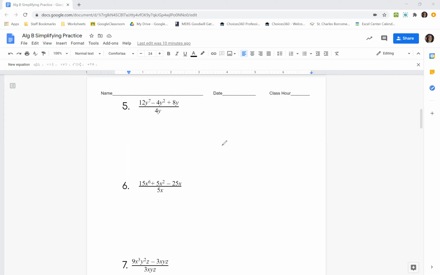Just like in multiplication, where you would distribute your outside term to each piece inside your parentheses, that's what I've got to do here. So I'm going to write 12y to the 7th divided by 4y, minus 4y squared divided by 4y, plus 8y divided by 4y.